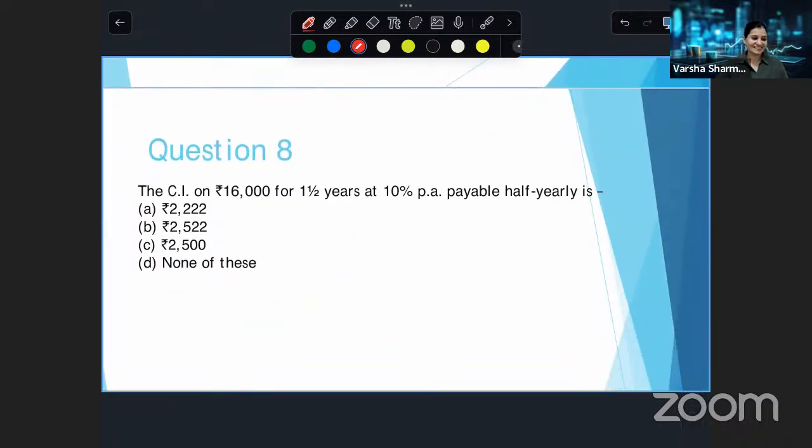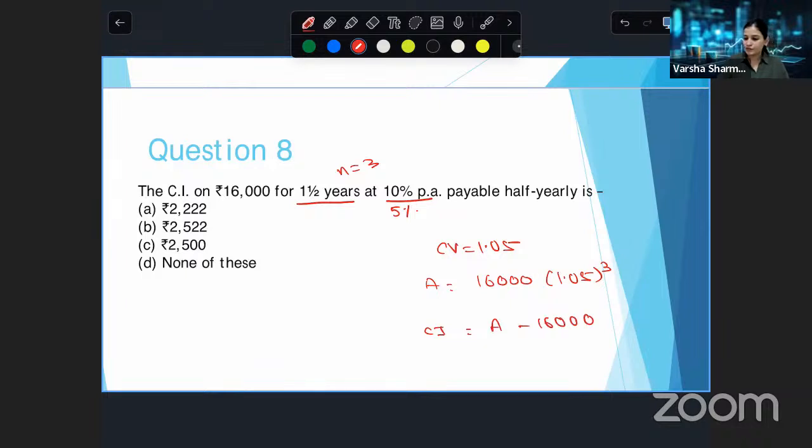Question number 8. The compound interest on rupees 16,000 for 1.5 years at 10% per annum payable half yearly. If it is half yearly, 1.5 years means how many installments? 6 months each, so there are 3 installments. Rate 10% is for the entire year. Half yearly we will consider 5%. Compounding value 1.05. Amount is 16,000 into 1.05 raised to the power 3. And for compound interest, we will then subtract the principal.